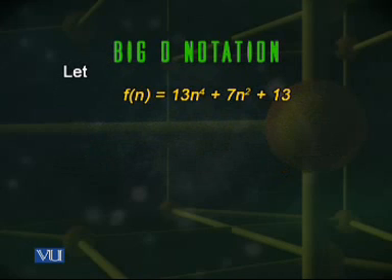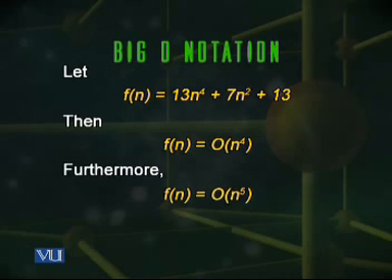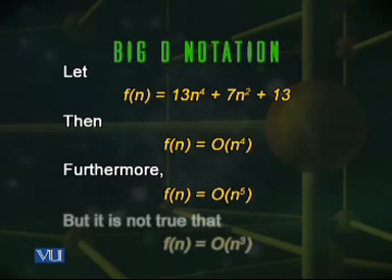In this case, f of n is 13 times n to the 4 plus 7n squared plus 13. So, f of n is big O of n to the 4. Furthermore, we can also say that f of n is big O of n to the 5. But it is not true that f of n is big O of n cubed.